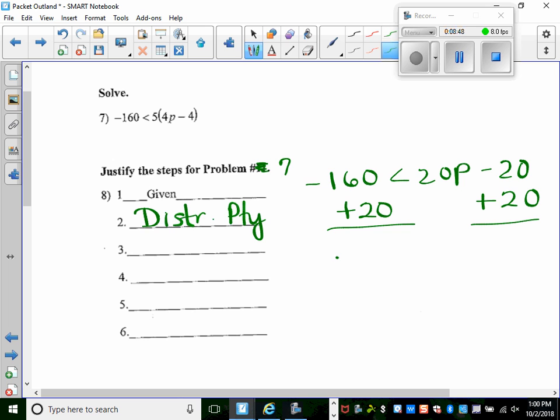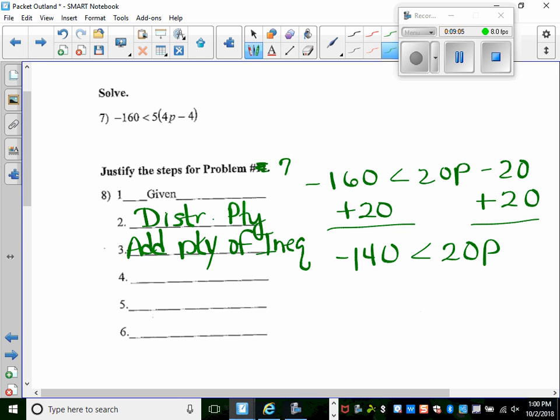So that's going to give me -140 is less than 20p. So I've just used the addition property of inequality, because these are inequalities, they're not equalities. Okay, all right, so that is the addition property of inequality.